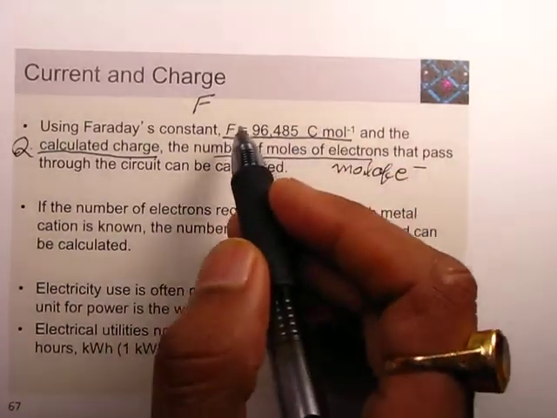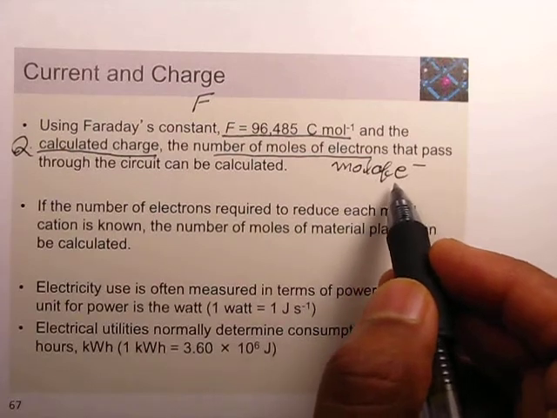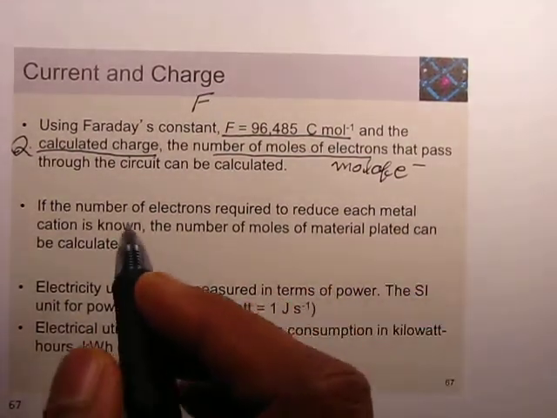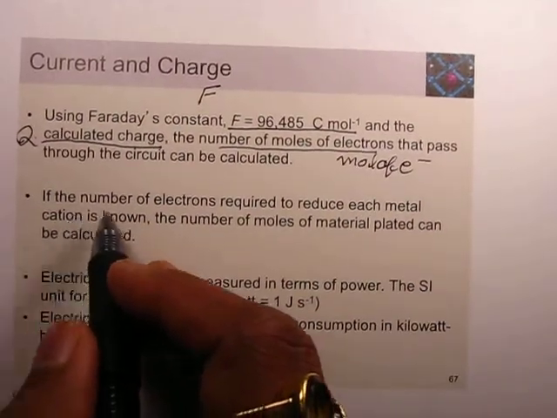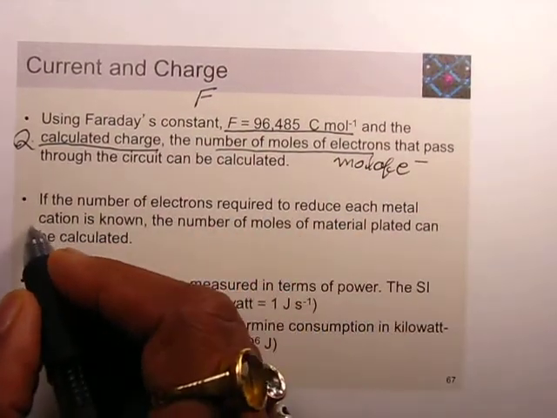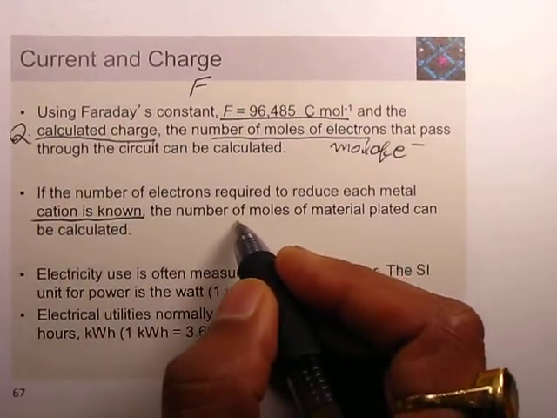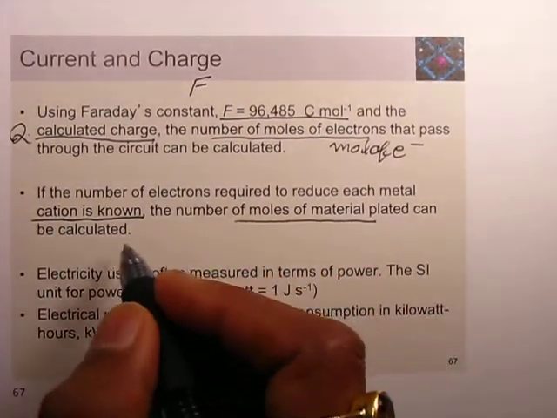So using the Faraday constant, we can find out how much charge we pass and how many moles of electrons are passed. If the number of electrons required to reduce each metal cation is known, the number of moles of material plated can be calculated.